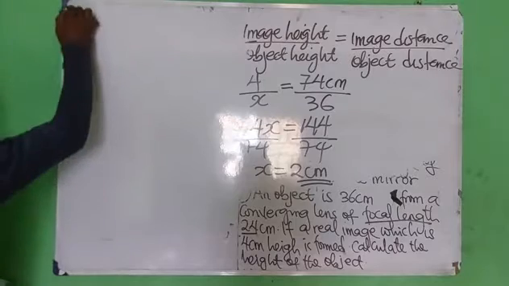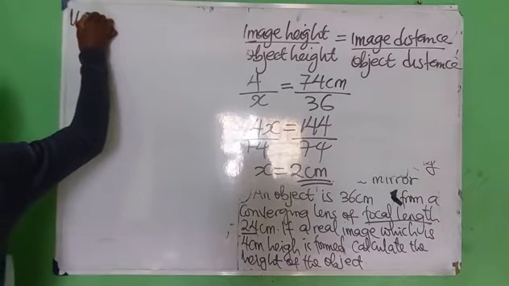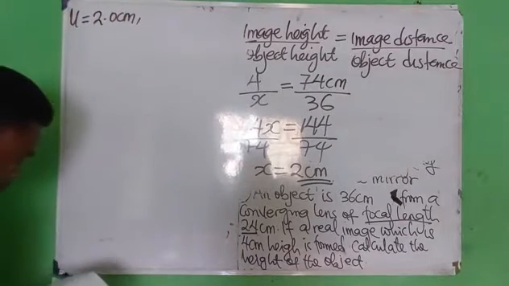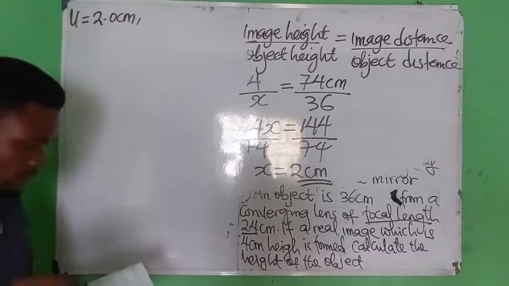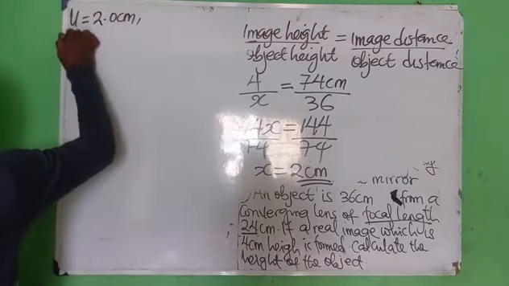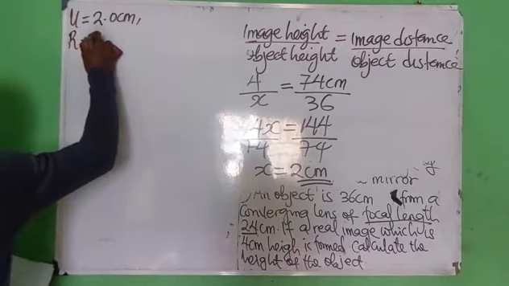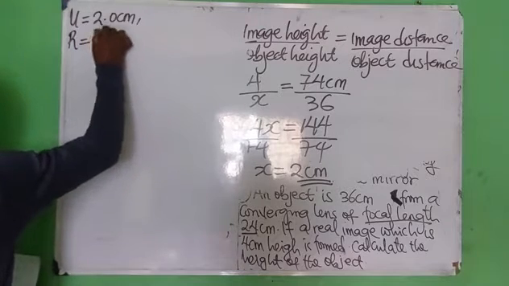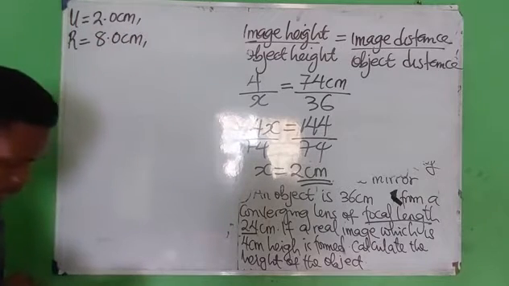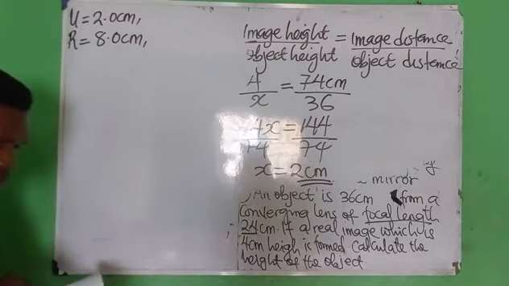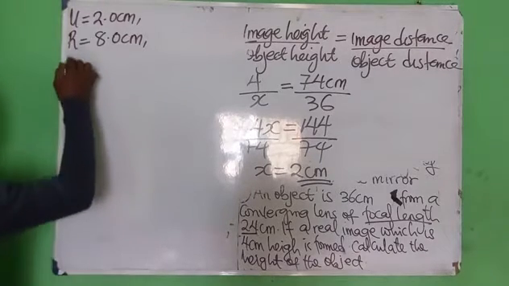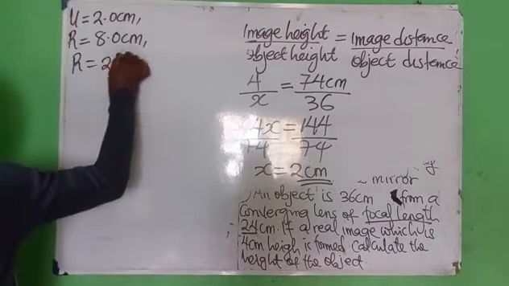In front, which means my u now becomes 20 centimeters, in front of the concave mirror whose radius of curvature, I told you that in a concave mirror, radius of curvature is always positive, 8.0 centimeters. Find the position of the image, size and its orientation.